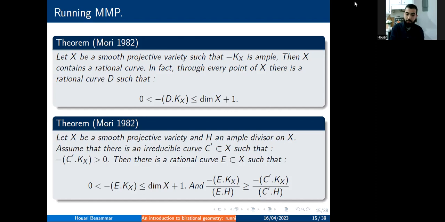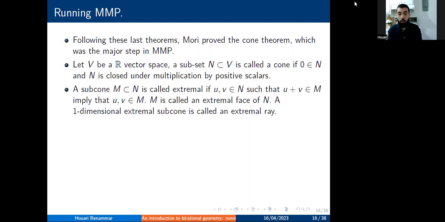Okay, so he can locate the negative rational curve. Then there is a rational curve E in X which has the same properties as theorem 1, and with another result, which will be very helpful to see the cone theorem, the Mori cone theorem. Okay, so following these last theorems, Mori proved the cone theorem, which was the major step in MMP.